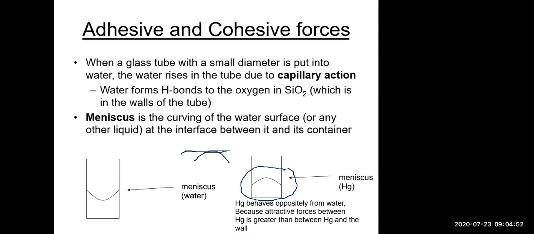So what ends up happening is all the mercury atoms are attracted to themselves, and it causes the mercury to sort of contract down, as opposed to when the liquid is attracted to the walls, where it rises up and creates that meniscus going in that direction. All right, any questions on that?